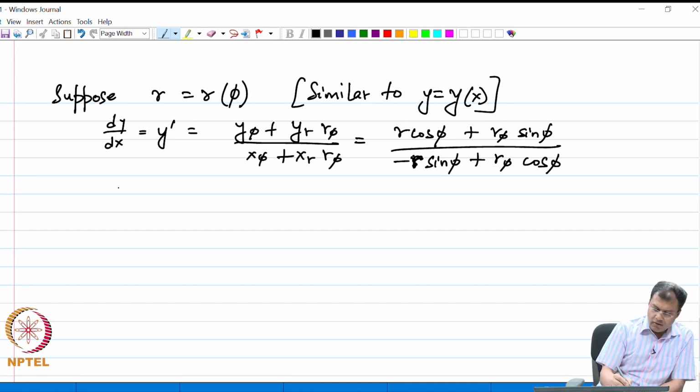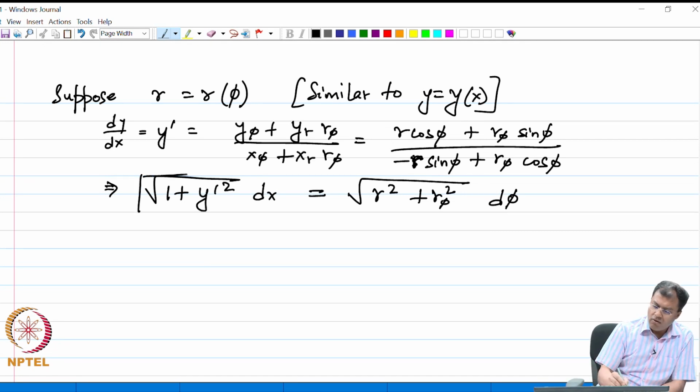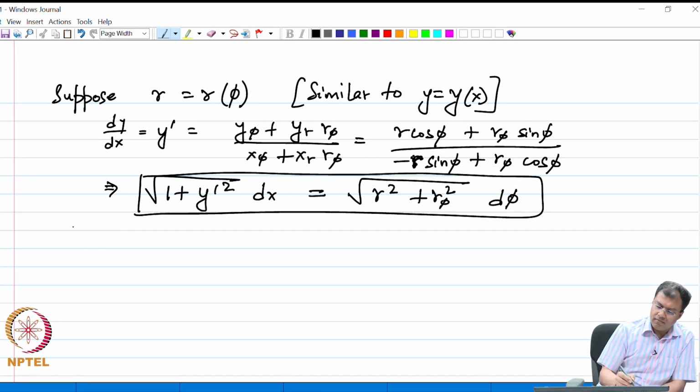Which means we also have this term in our functional, 1 plus y prime square dx. After doing all the necessary substitution, we will see that this reduces to r square plus r phi square d phi, right. So, students are requested to check that this is true for our polar substitution.